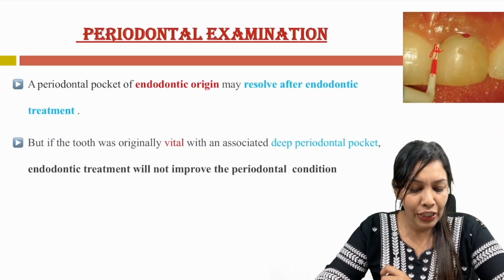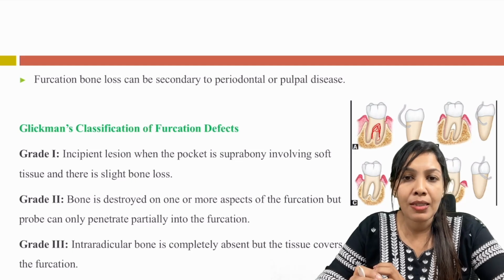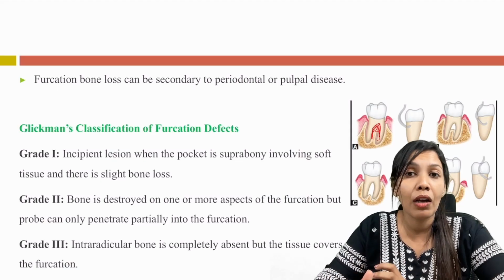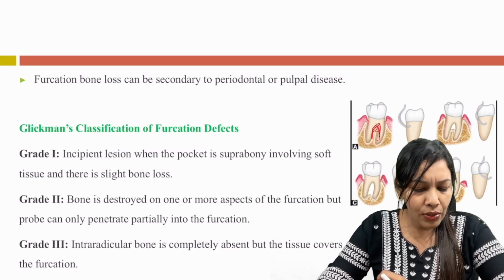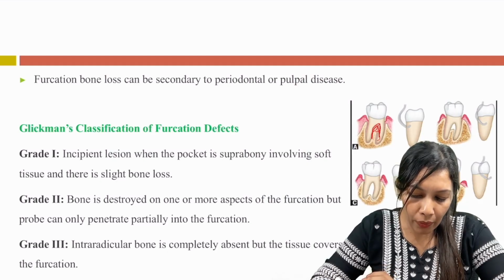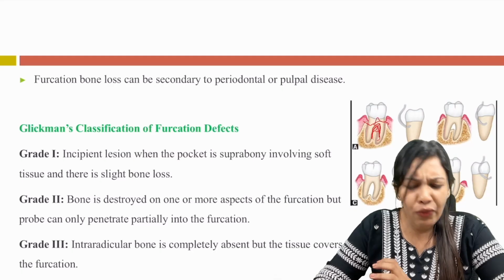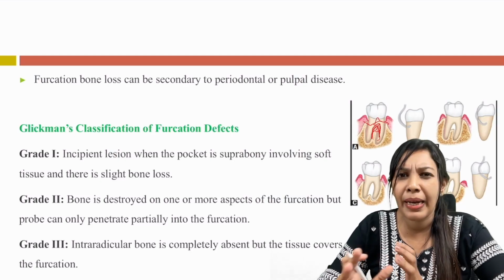Next is the furcation area involvement. The furcation area is the area where the roots connect. If there is bone loss in this particular area, it often indicates the depth of infection that is spreading in the periodontal space. So see grade 1. In grade 1, the pocket is often supra-bony, it won't be seen by your naked eye, and there will be intact bone.